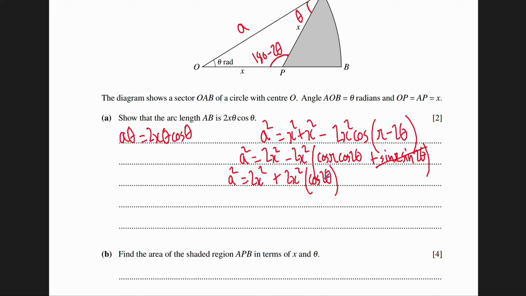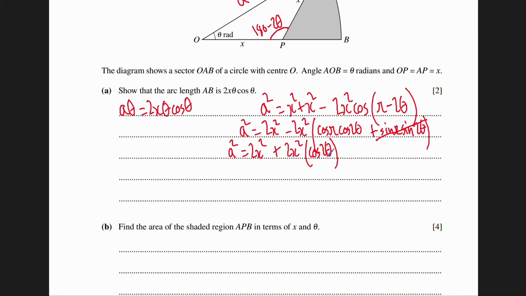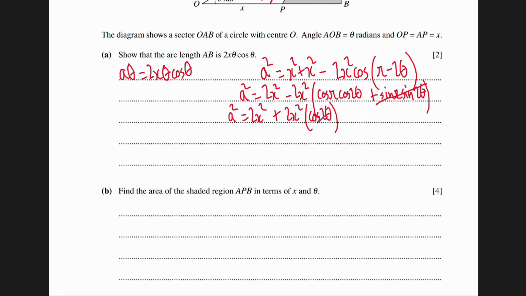Okay, so far still not very helpful. Now I have to use another identity, that is cos 2 theta is equal to 2 cos squared theta minus 1. So we have A squared is equal to 2x squared plus 2x squared times 2 cos squared theta minus 1.